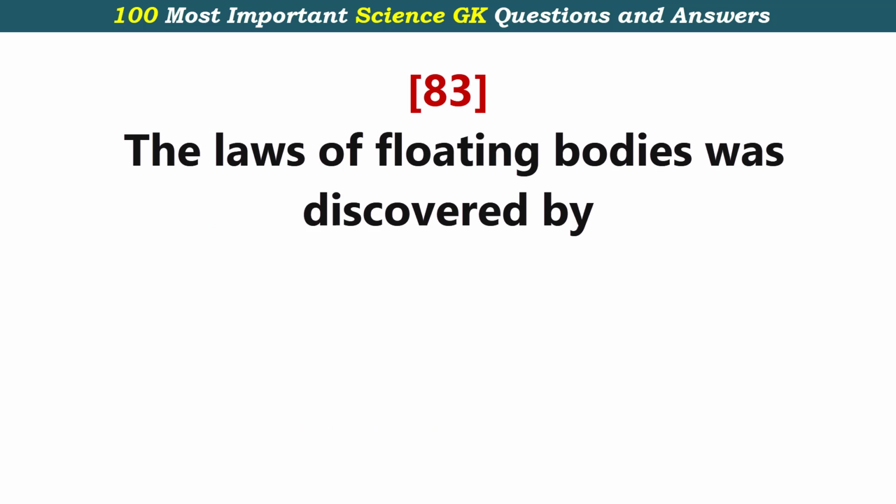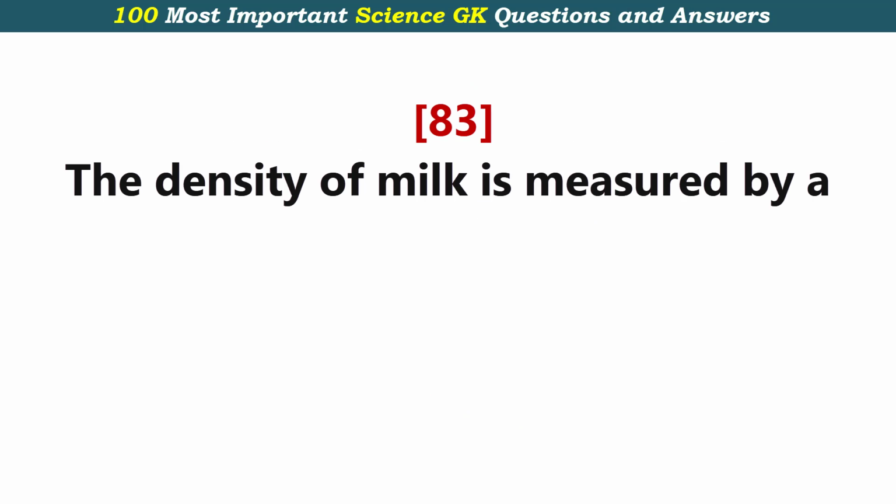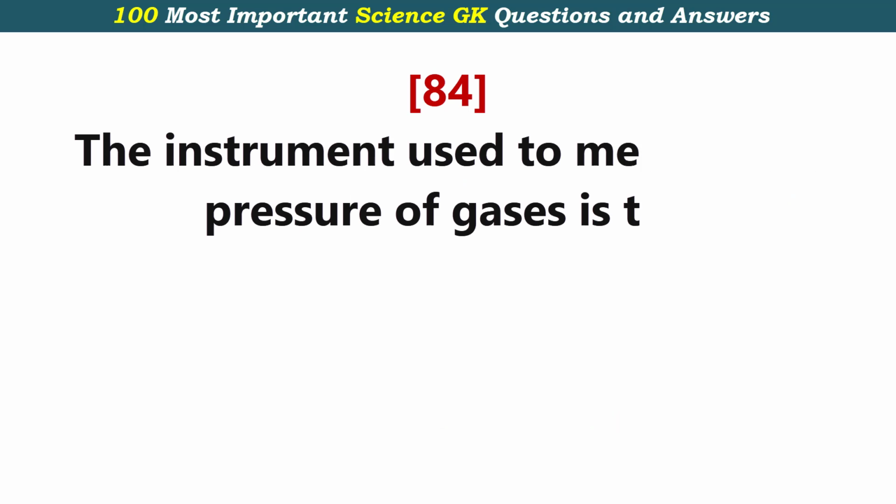The law of floating bodies was discovered by? Answer: Archimedes. The density of milk is measured by a? Answer: Lactometer. The instrument used to measure the pressure of gases is the?